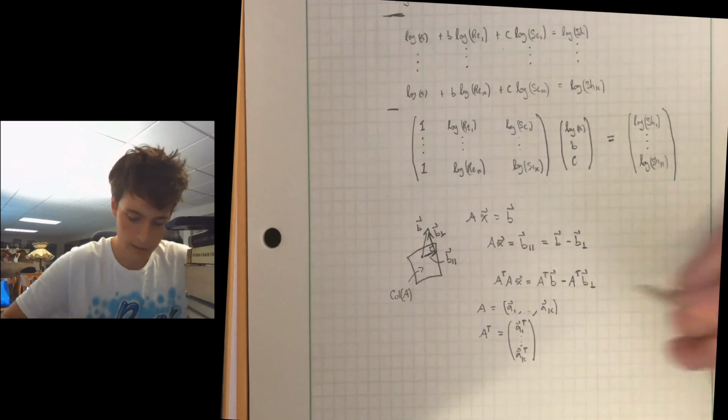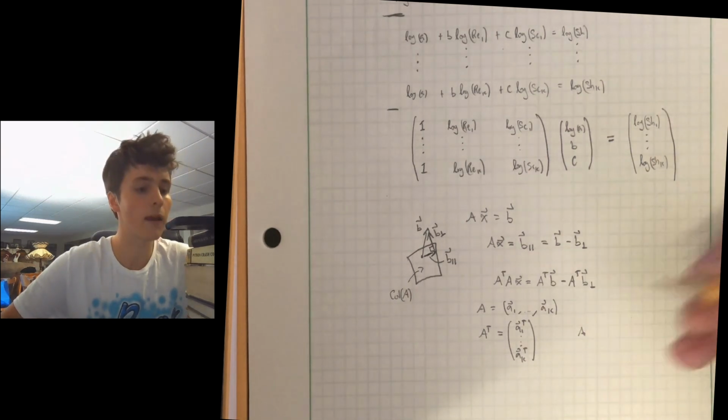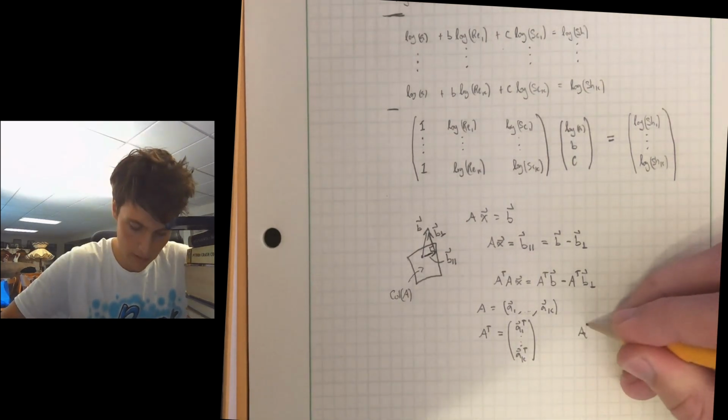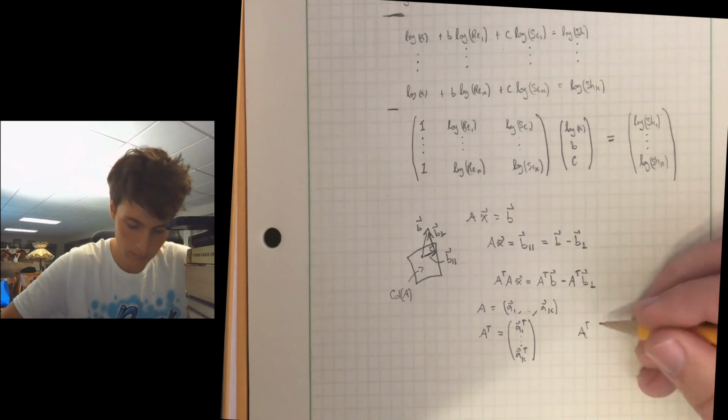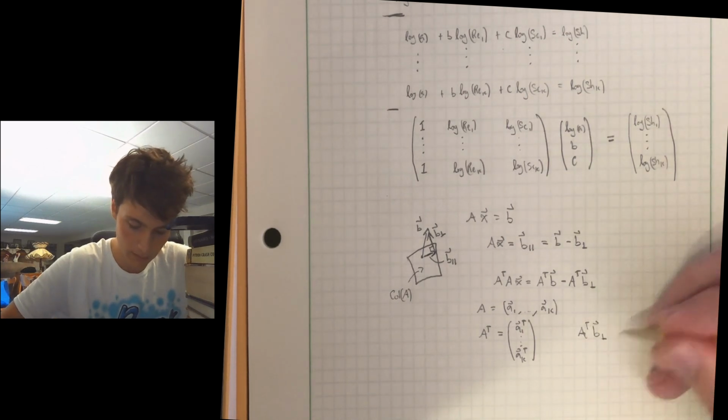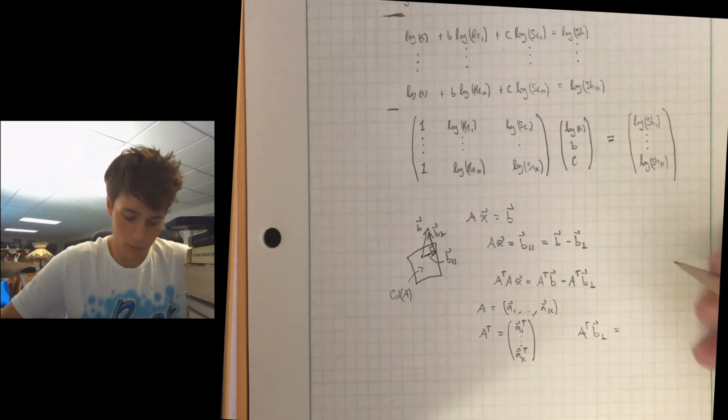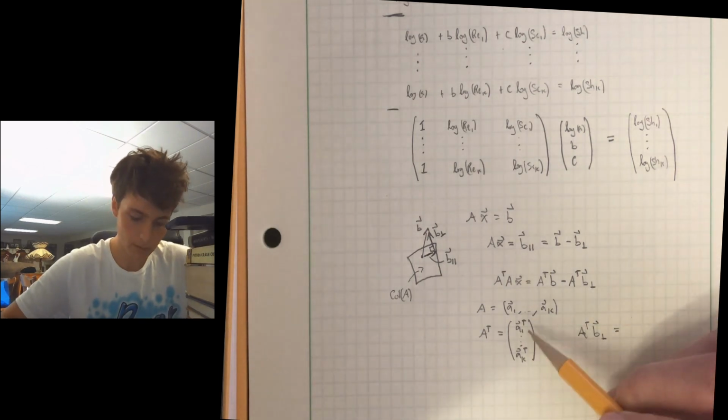And then if we look at A transpose multiplied by B perpendicular, let's just write it out.